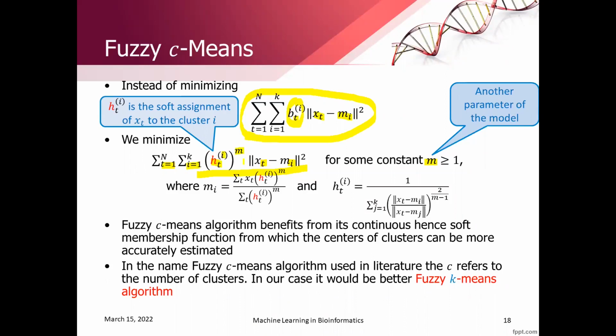The square would be just 1/100, and the square of 0.8 will be 0.64. So for high values, the decrease is not as high as for low values. So this actually gives a higher weight in the criterion, this double sum, to stronger, crisper assignments, not so fuzzy assignments.